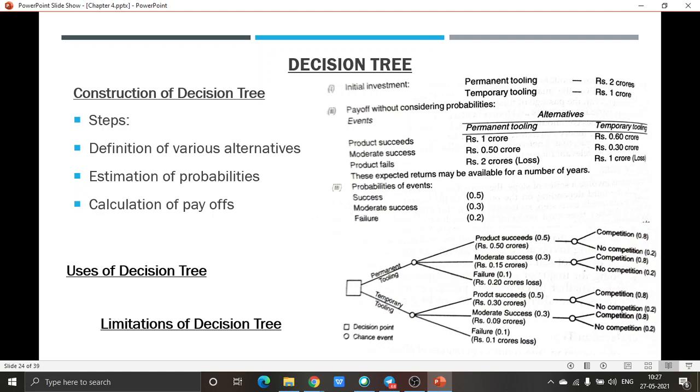Therefore, in terms of total payoff, it is better to select permanent tooling. However, if the return on investment is taken into consideration, temporary tooling might be selected. Therefore, besides payoff as given in the decision tree, other factors like availability of funds, risk taking capacity and preference will also decide the selection of alternatives.